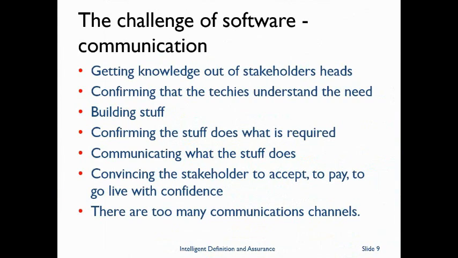It's an incredibly hard thing to do to get the knowledge out of stakeholders' heads to understand what they actually need. Then there's the building, the technical challenge of building some software in the context of a business process and other systems perhaps. Then there's the tester's challenge of confirming that the solution does what it should do. And then communicating what it actually does.